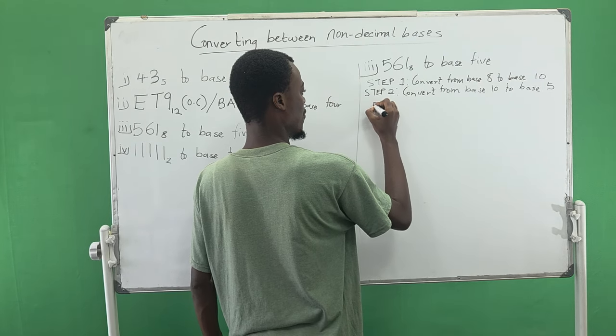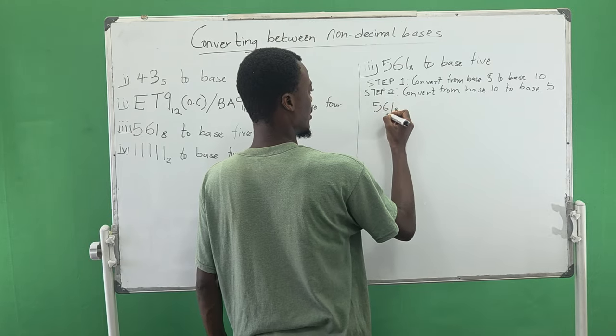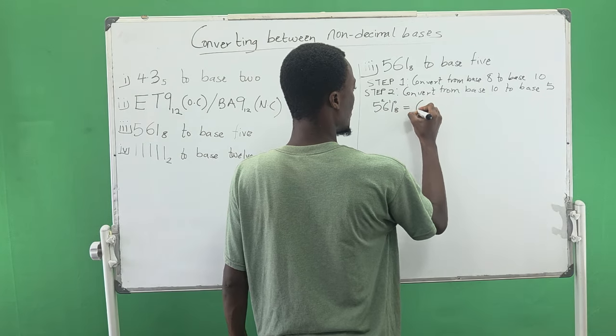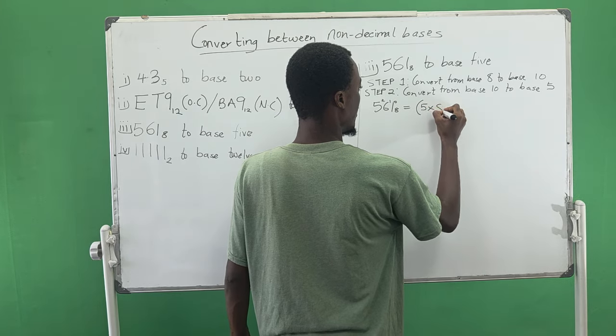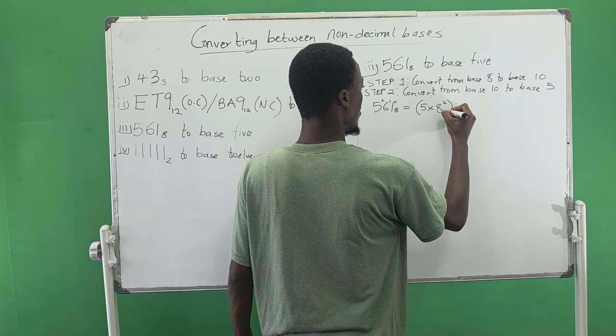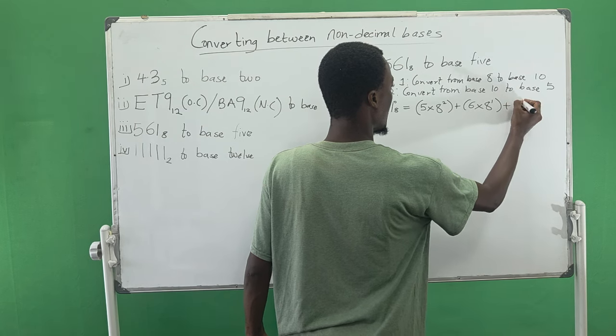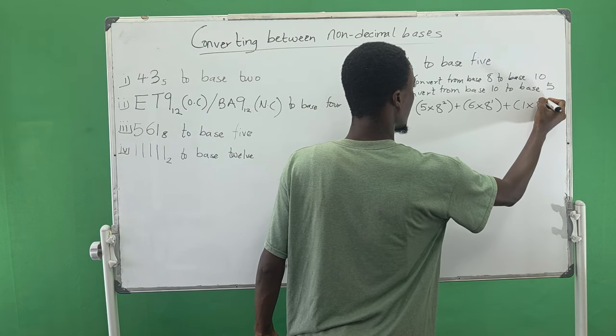So 5, 6, 1. So here 0, 1, 2. So now this is 5 times 8 exponent 2 plus 6 times 8 exponent 1 plus 1 times 8 exponent 0.